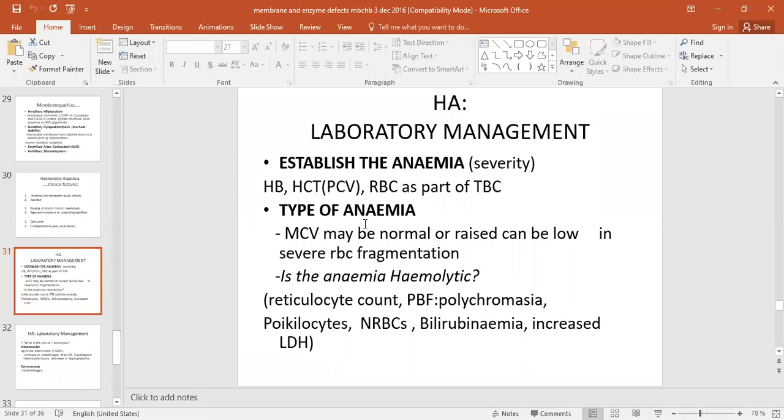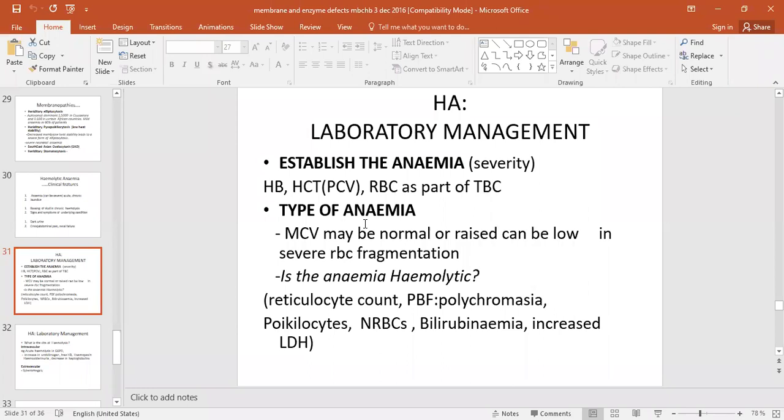So the Hb, the hematocrit, the total RBCs as part of the total blood count is essential. And as basic as it may sound, you must investigate this patient by doing a full blood count. The other thing that is of importance is that you want to know the type of anemia.